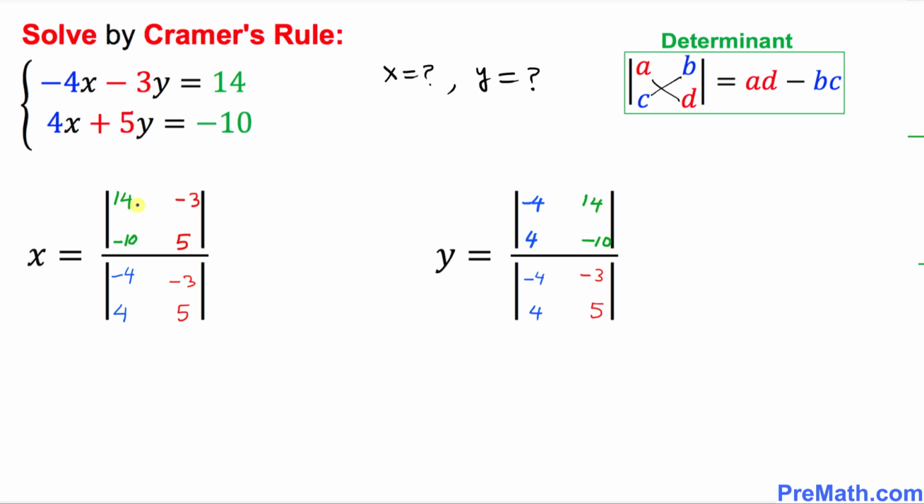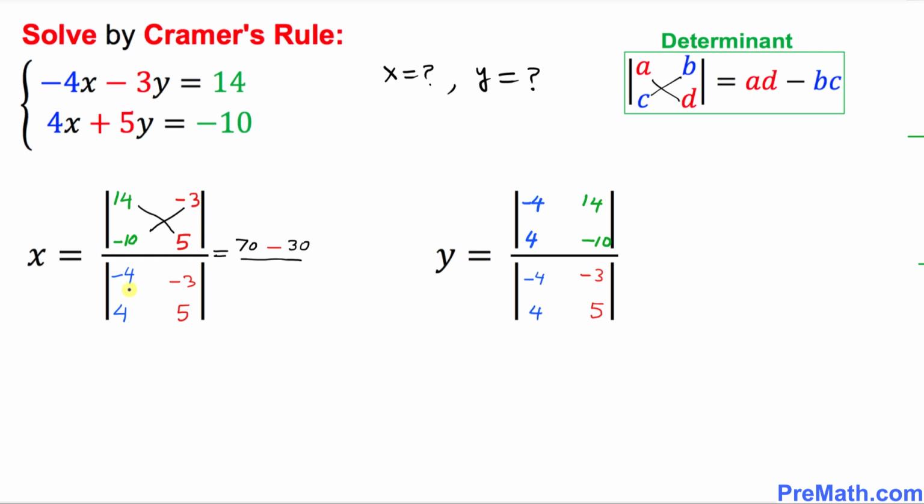Let's get started. If we diagonally multiply, 14 times 5 equals 70. Then we put a minus sign before we do anything else, and then cross multiply the other way around: -3 times -10 equals positive 30.